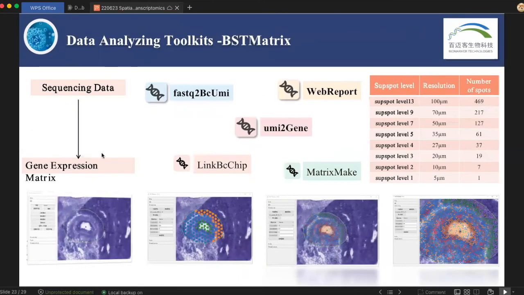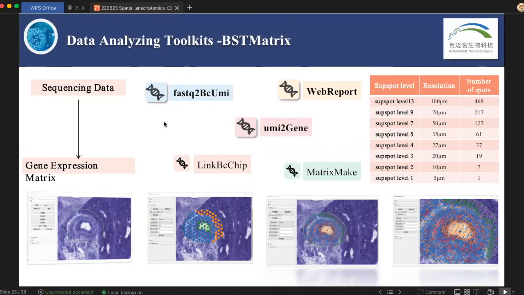And with this type of chip, we also developed our own data analyzing toolkit named BSTMatrix. It can perform this data analysis from sequencing data all the way down to a web report, just like the things that I showed you in the previous slides.